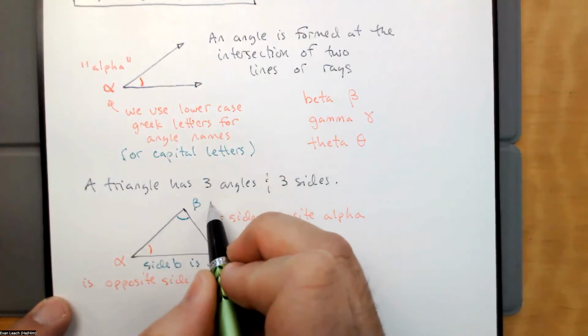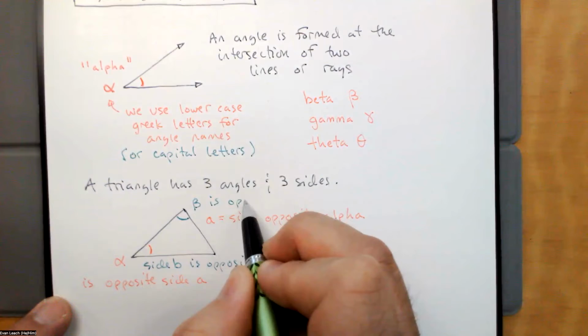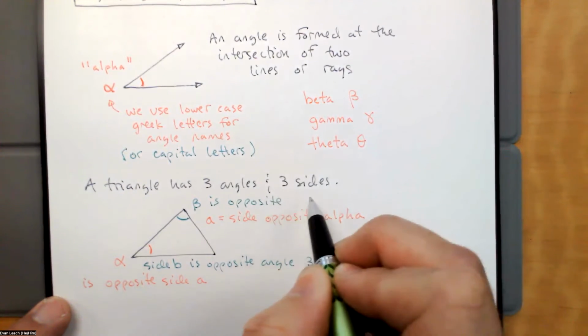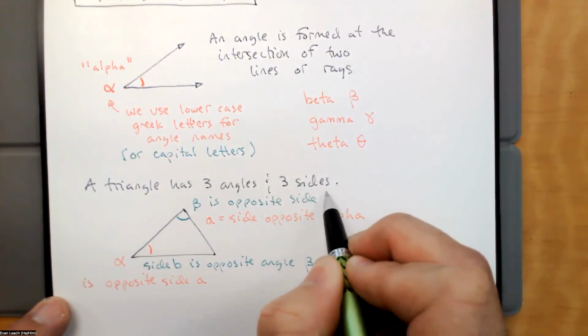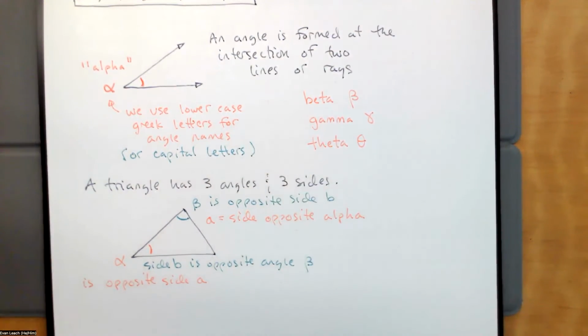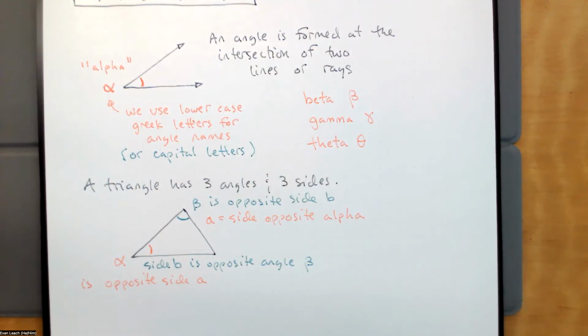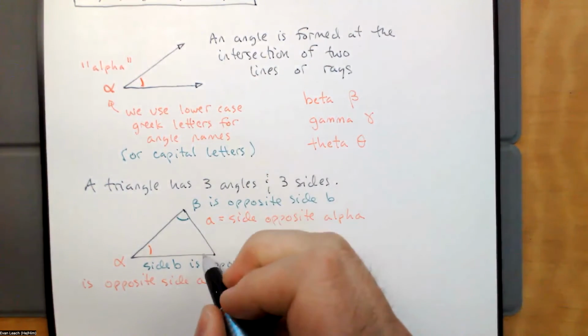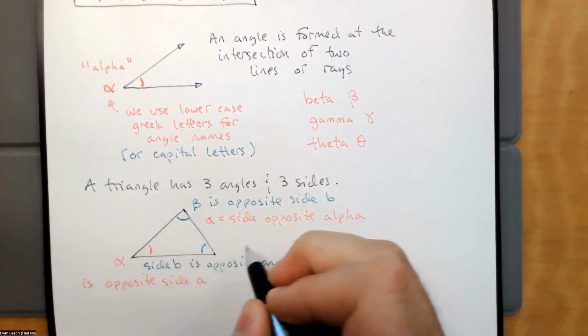Angle beta is opposite side B. And then we'll call the third angle gamma.